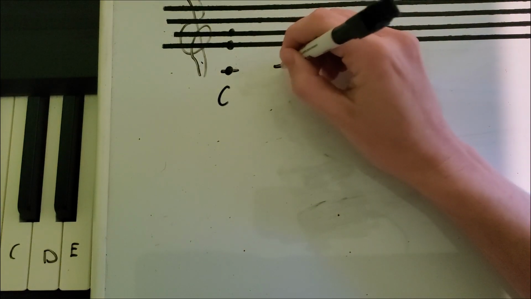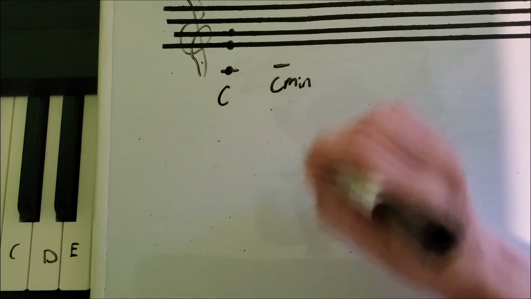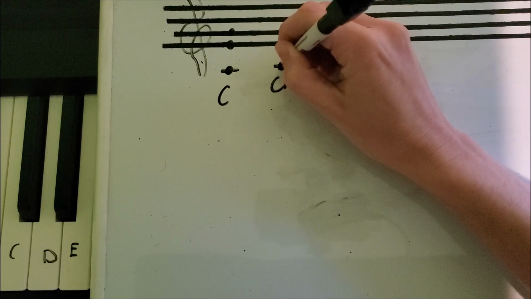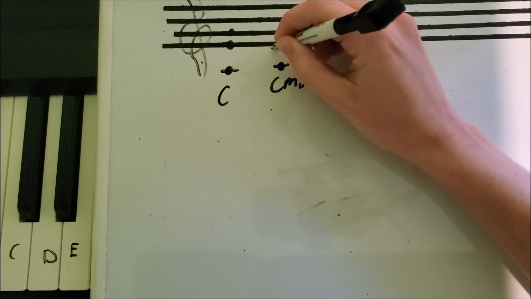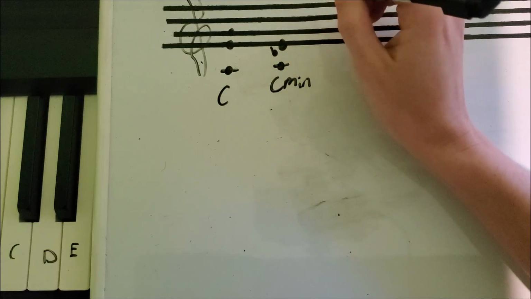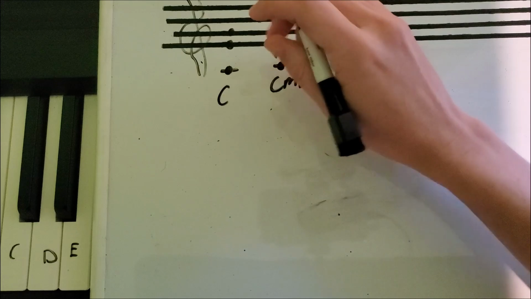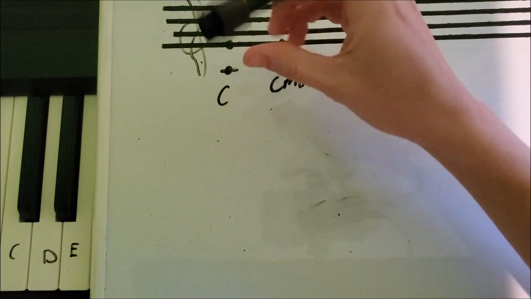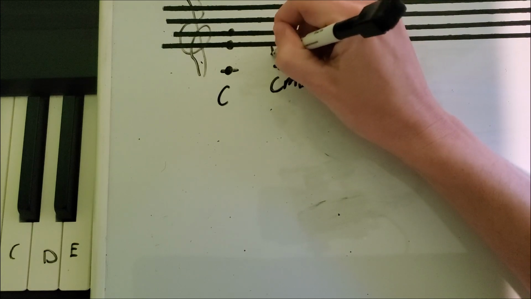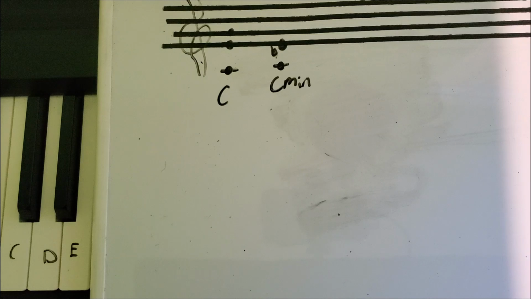Now if we do a C minor, our C is the same. Our E is actually going to be E flat. Now, this isn't when you're, actually I'm going to hold that thought. It's not necessary. So this is going to be a flat.